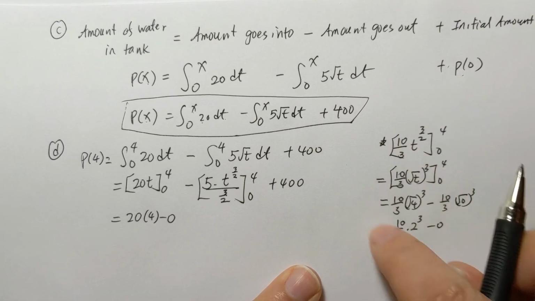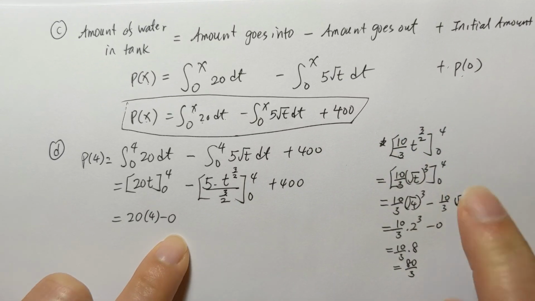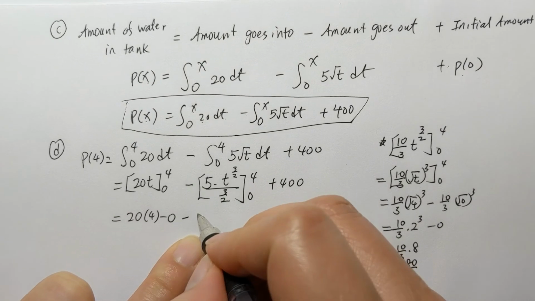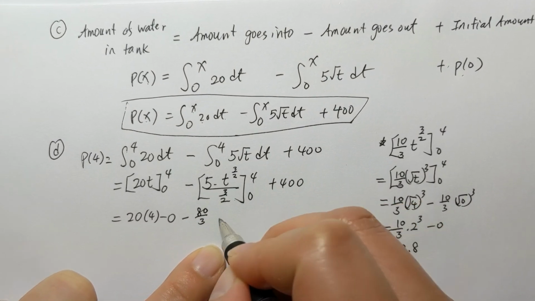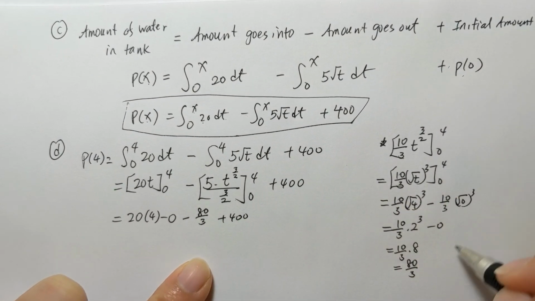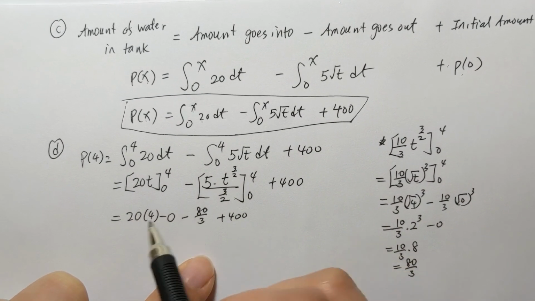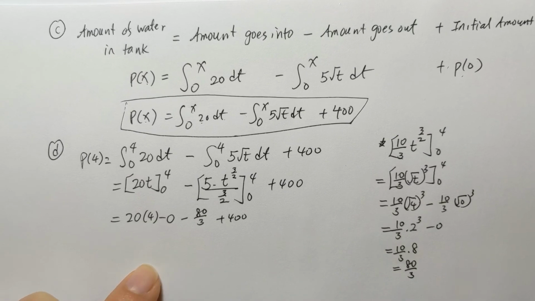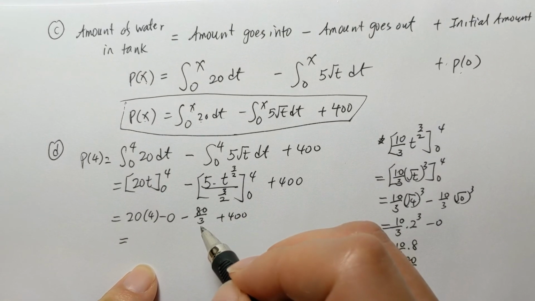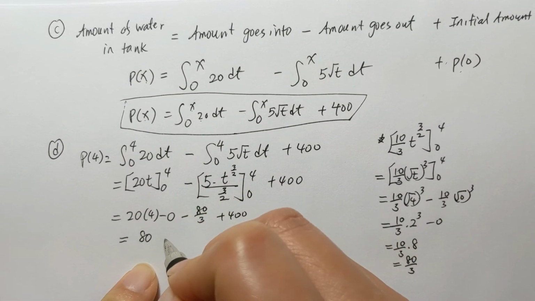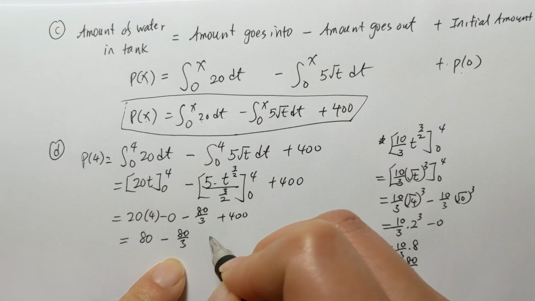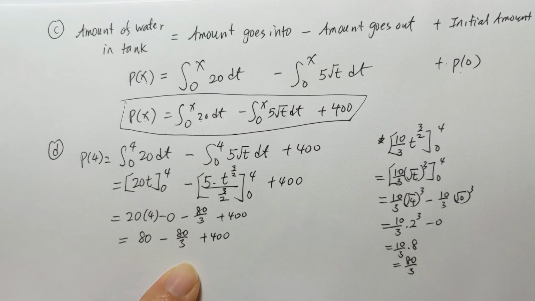When I finish all this, I copy it over to the right side as minus 80 over 3 and plus 400. I do this to save space, so I don't have to rewrite the step over and over. So now I have 80 minus 80 over 3 plus 400.